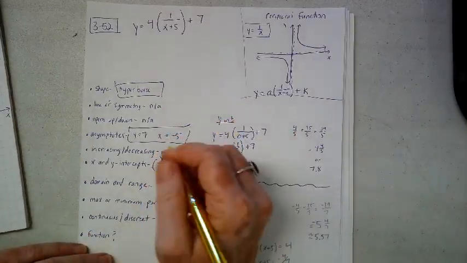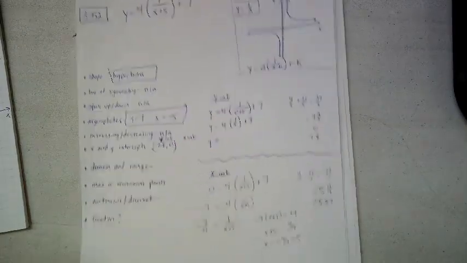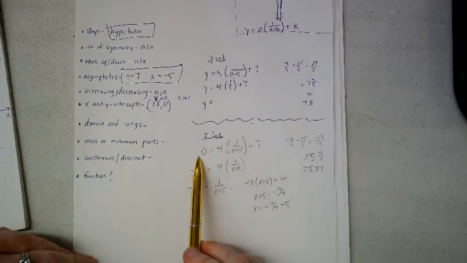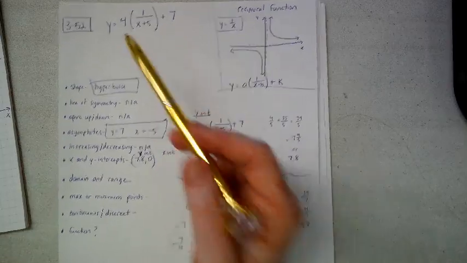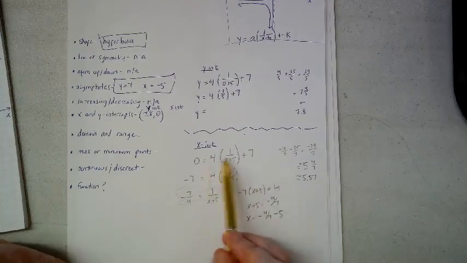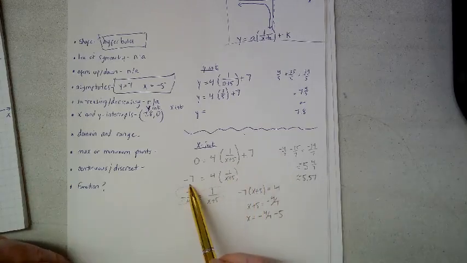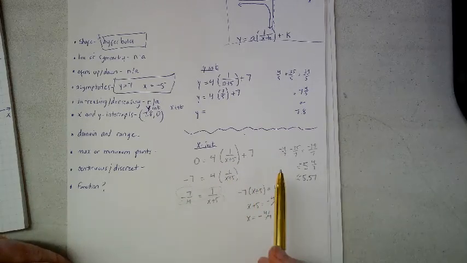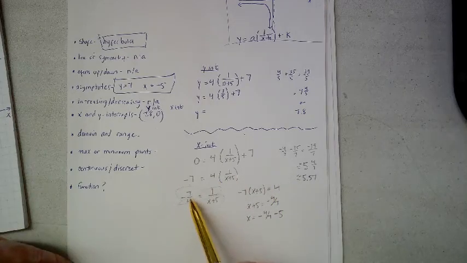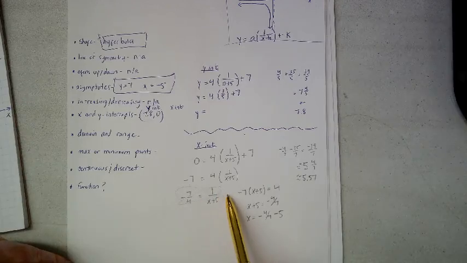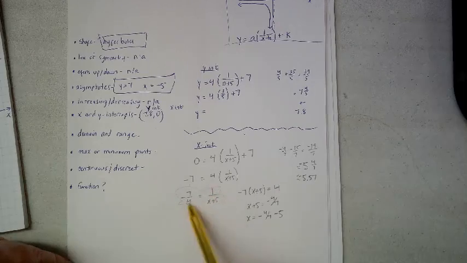And then the x-intercept is when we let y equal 0. So the x-intercept happens when we let y equal 0. So I plugged in 0 for y, and then I did some algebra. I subtracted 7 from both sides, and then I divided both sides by 4, and then I saw that I had a fraction equal to another fraction, and I know that if I have a fraction equal to another fraction, the cross products have to also be equal.